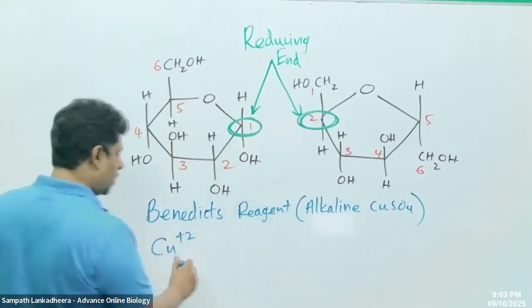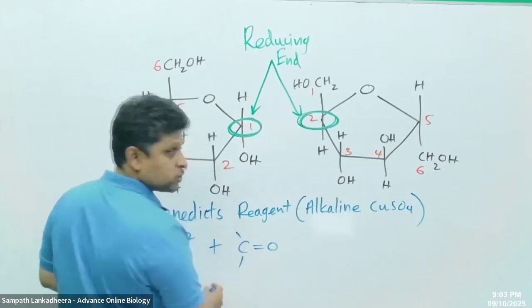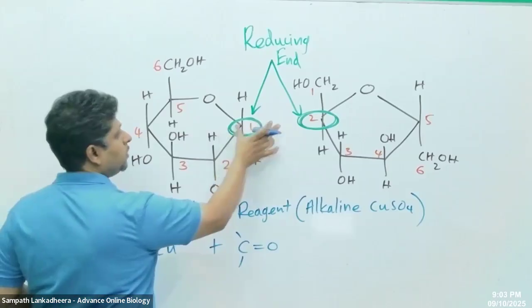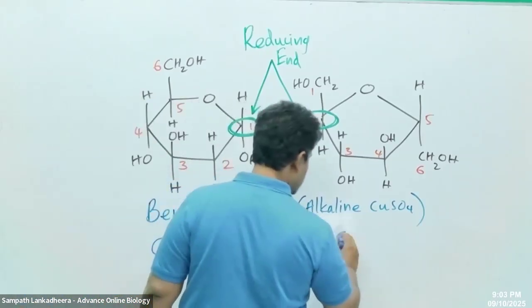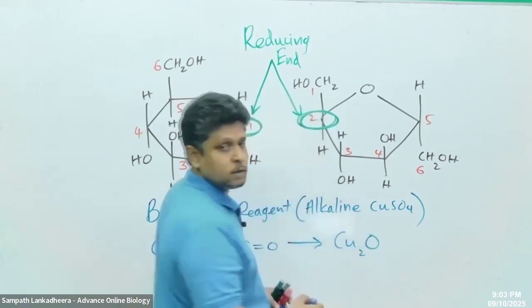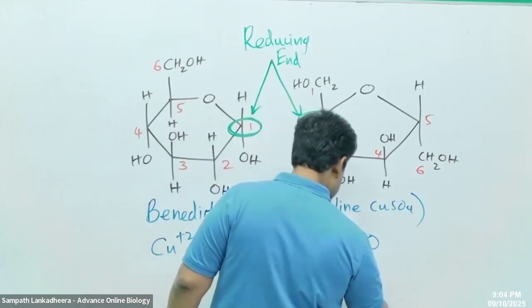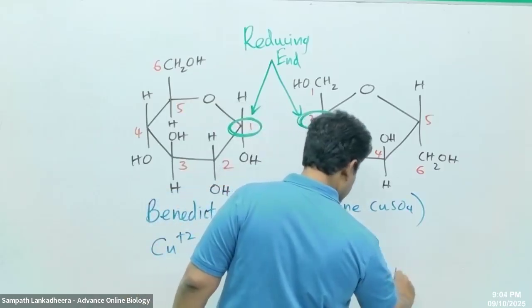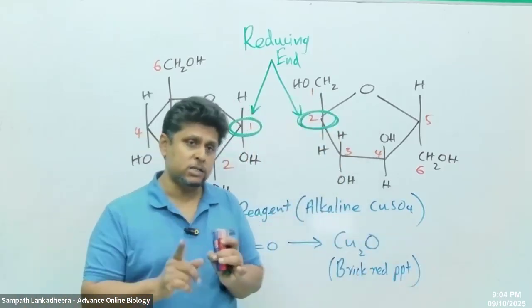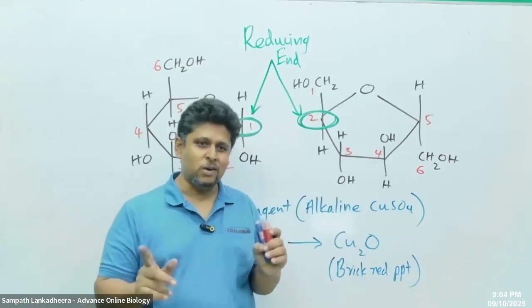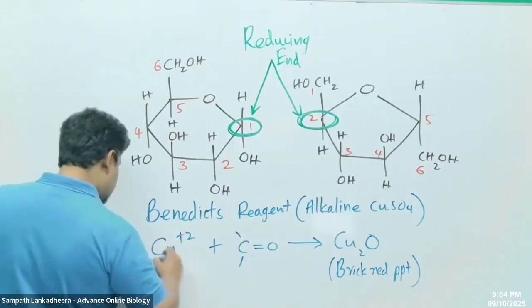So what happens there? Copper reacts with the carbonyl part of the sugar. It can be this one or that one. And then it forms what? Cu2O, which gives a brick red precipitate. So this color change occurs. The initial color is blue, because copper ion is blue in color.